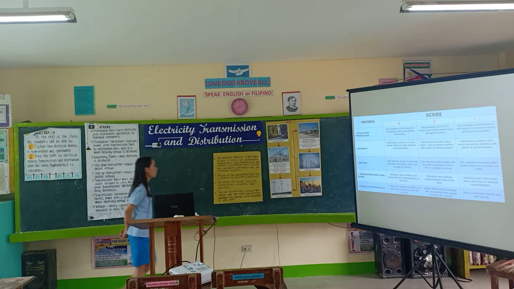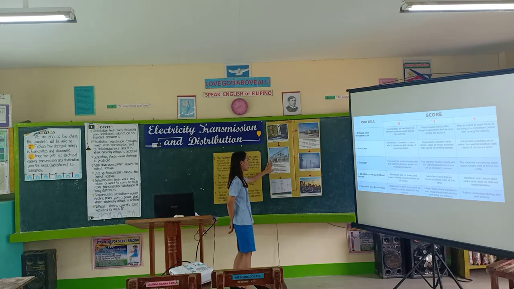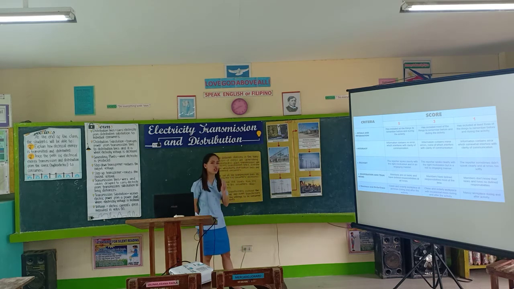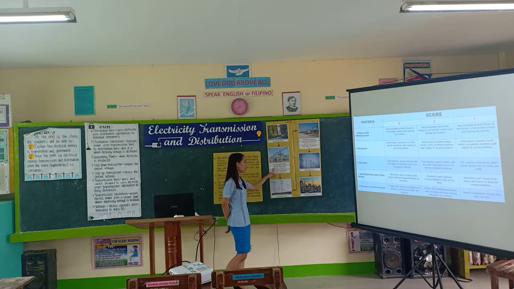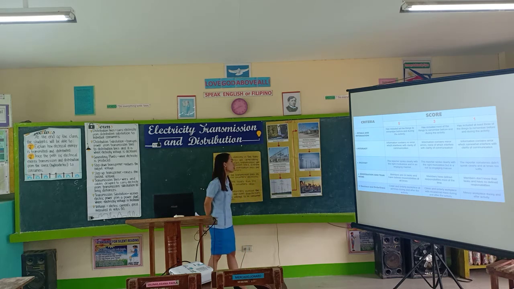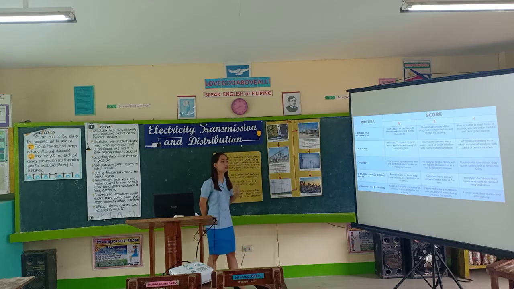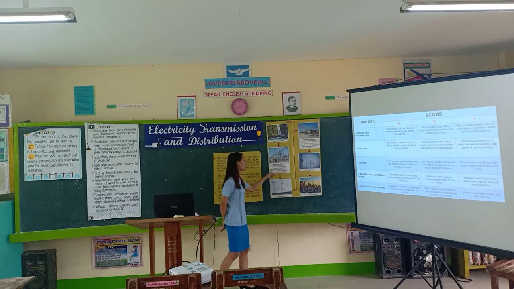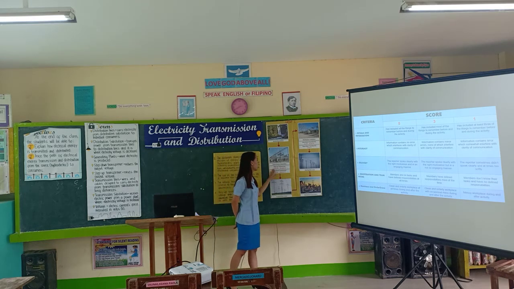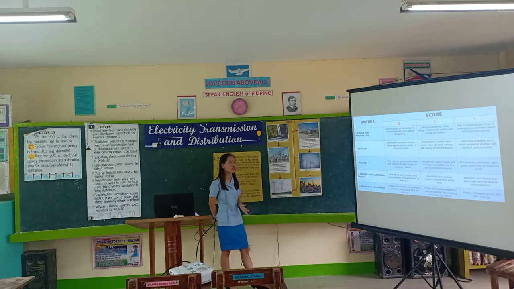What we can see here is that there are two transformers: the step-up transformer and the step-down transformer. What's the use of the step-up transformer? It raises the voltage. We can see here that the voltage is being raised in the range of 138,000 to 765,000 volts.